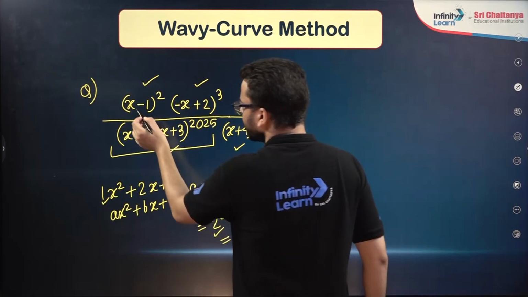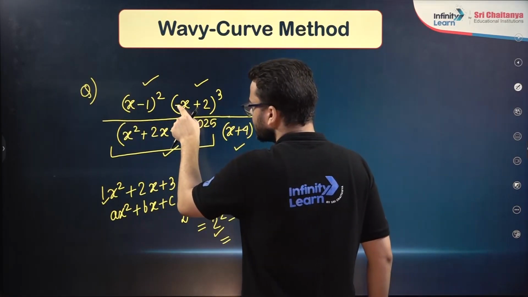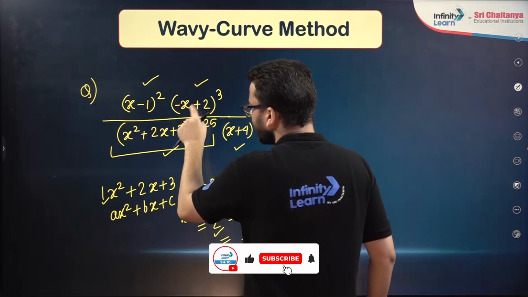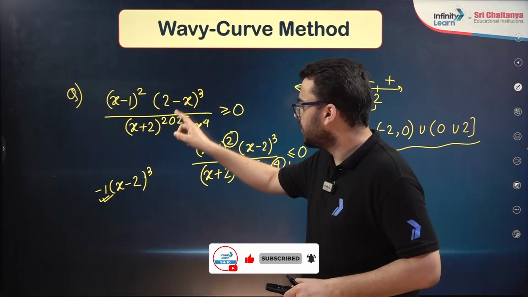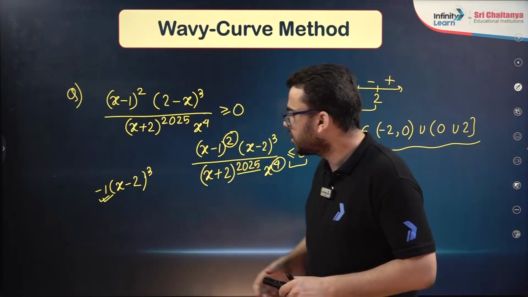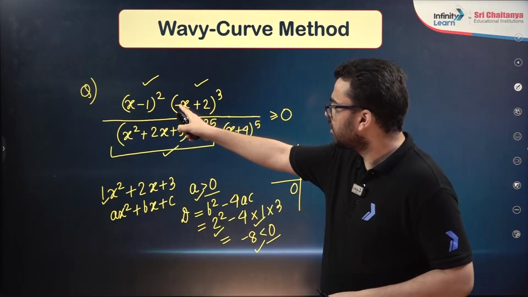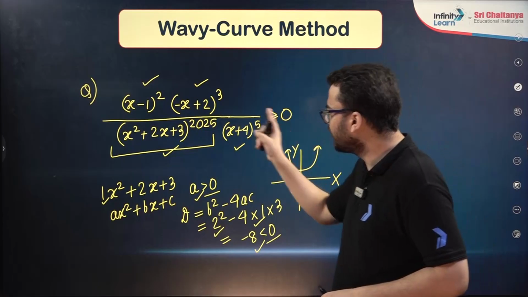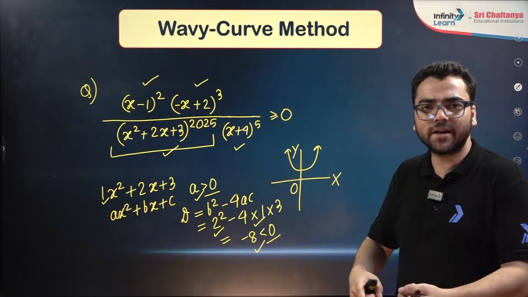Then you have to make sure that the coefficient of x is positive in all the cases. It is not positive in this case. So if you take the negative as common, you'll get something like this. In order to remove this negative sign, I'll have to multiply by minus 1 on both sides. Then the inequality will change.